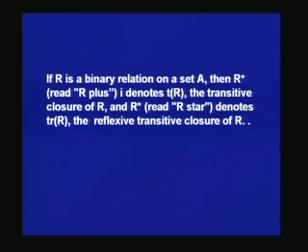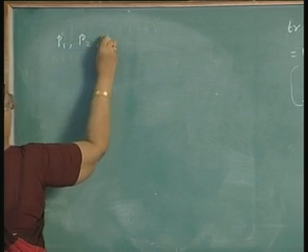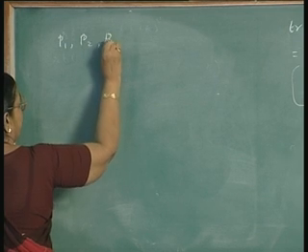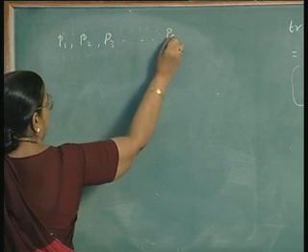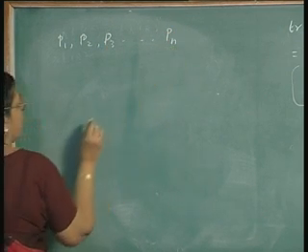These transitive closure relations are really very useful in many cases. We will consider one or two applications. One is, consider a set of procedures. You have a set of procedures P1, P2, P3, etc., Pn say.